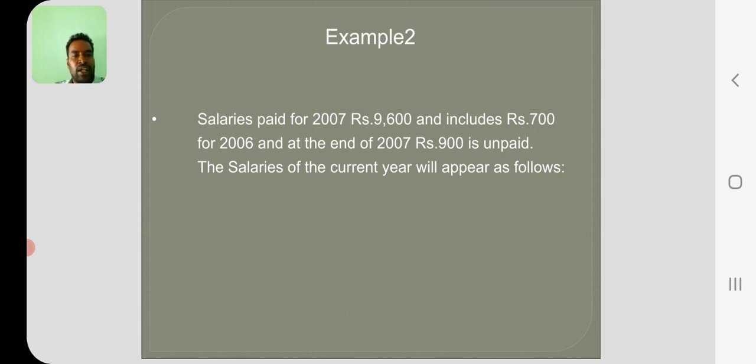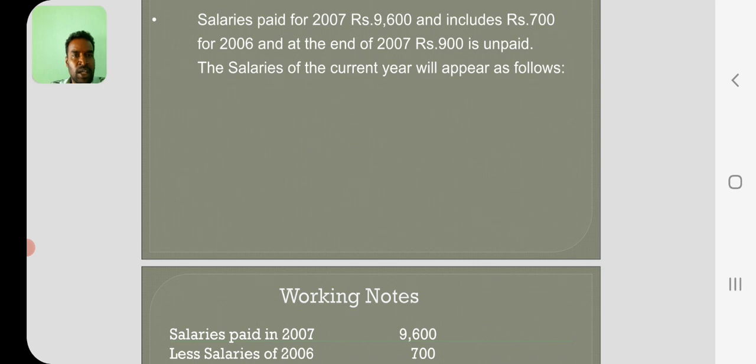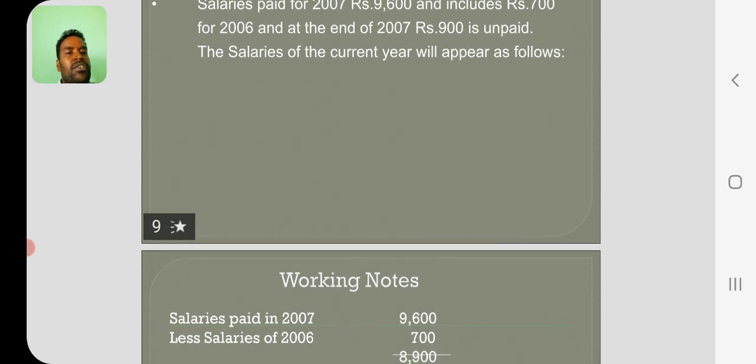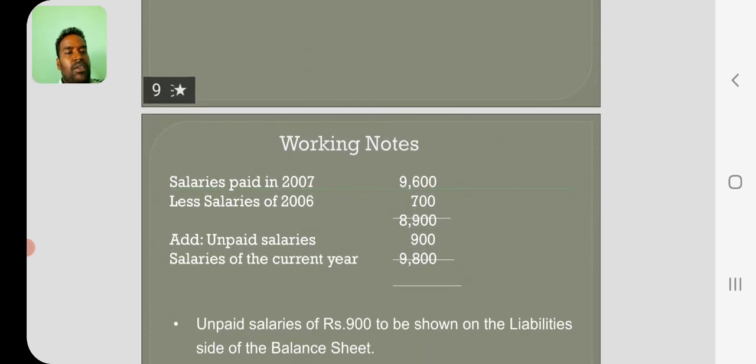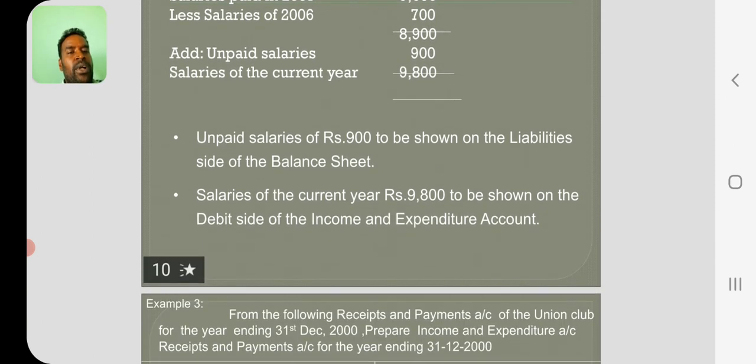The salaries for the current year will appear as follows. The total is 9600. Last year's 700 included will be deducted. Why? Because it does not belong to the current year, that is, it does not belong to the year 2007. It should be deducted, 700. Okay, and 900 is to be added. Why? Because it belongs to the current year. So answer is 9800.